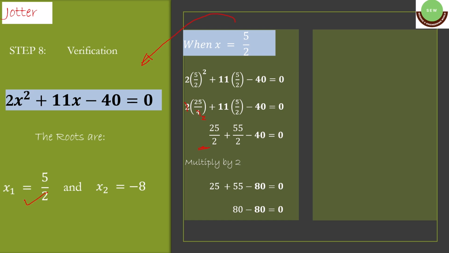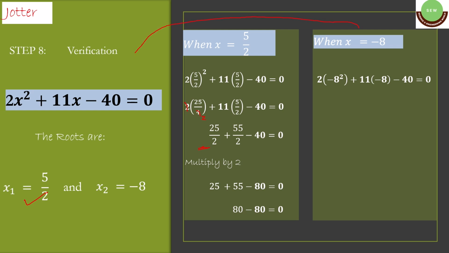For the second root, we say that x equals minus 8. So when x equals minus 8, we also substitute the value of x equals minus 8 into this expression, and anywhere we see x, it will be replaced by minus 8. So we have 2 into (minus 8) squared plus 11 times minus 8 minus 40.